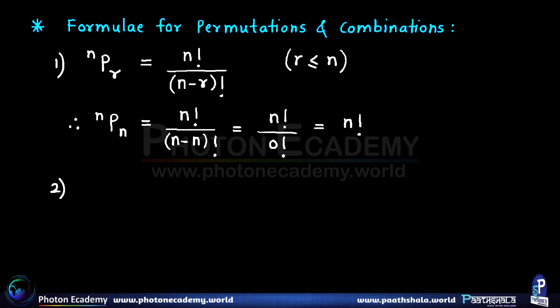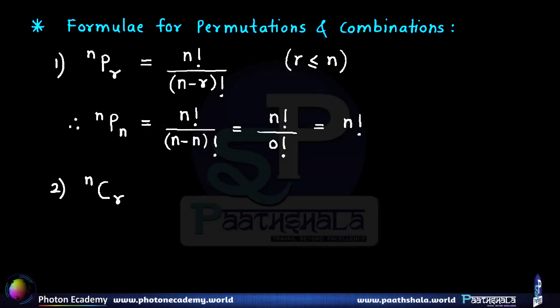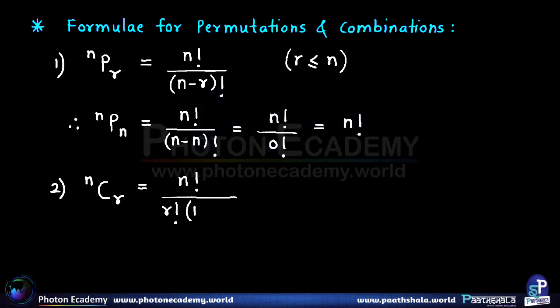And now let's see the formula for combination, which is denoted by nCr, the number of ways of selecting r objects out of n objects. So it is just the ways of selection, which is n factorial whole upon r factorial into (n minus r) the whole factorial.